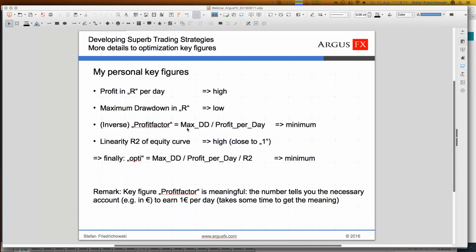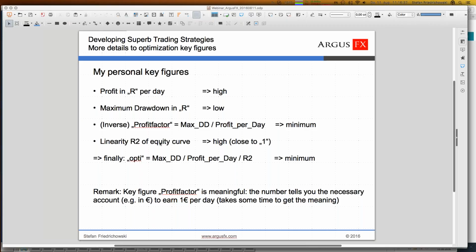So it's a really good number, and I know it took me really hours to think about it and finally realize the importance of that number. So it's a quite nice number because it has a real meaning, better than any other number.